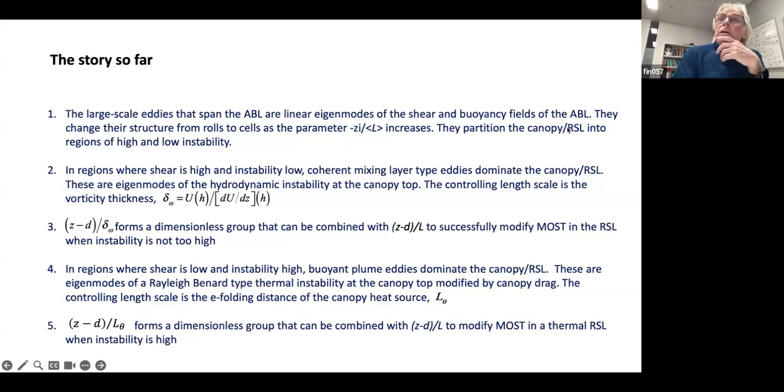And they partition the canopy locally into regions of high and low instability. When there's strong shear, there's low instability. When there's low shear, there's high instability, given that the sun's still shining.